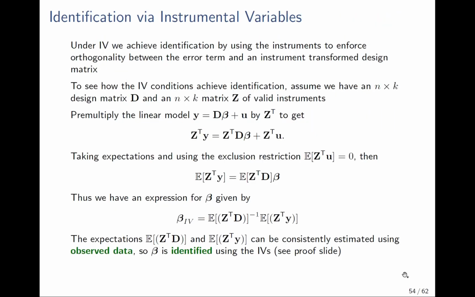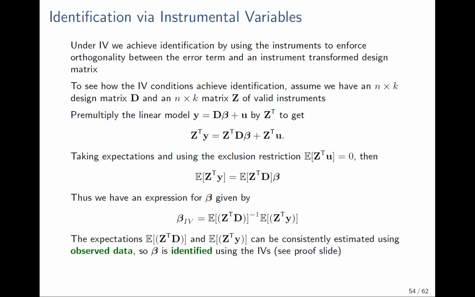So how does a valid instrument that satisfies these two conditions of exogeneity and relevance help? Well, under instrumental variables, we achieve identification by using the instruments to enforce orthogonality between the error term and the instrument transformed design matrix.